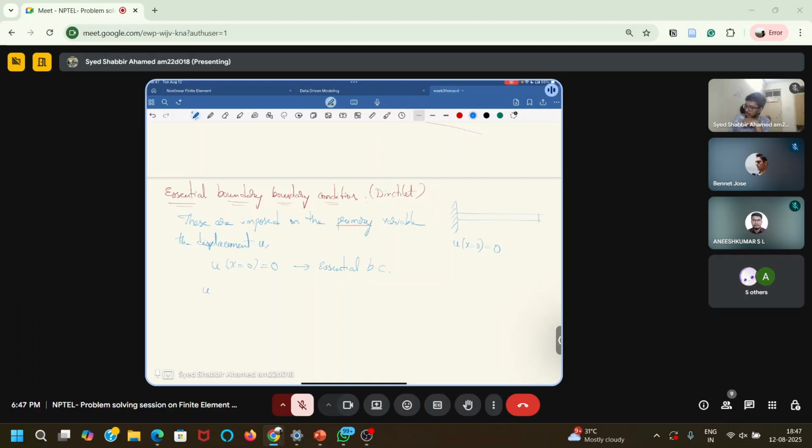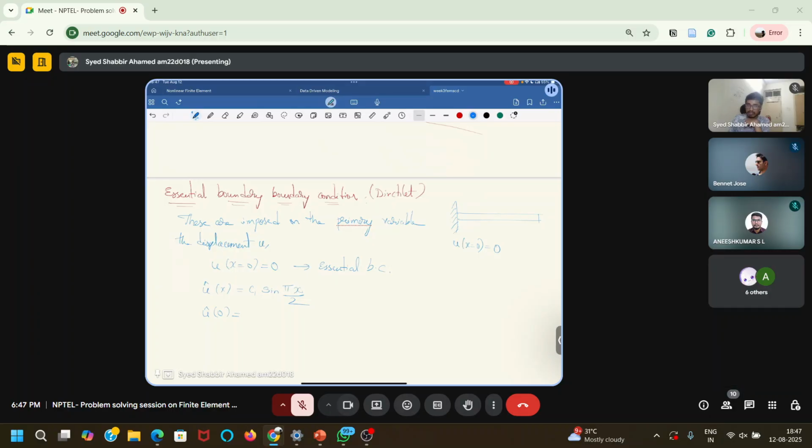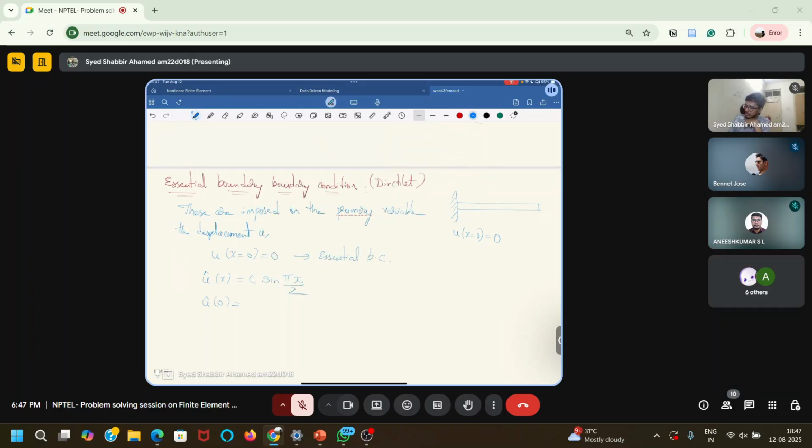So let's say I assume some function like u of x equals c1 times sine of pi x by 2. If I put x equals 0 here, I can see that this will become 0.